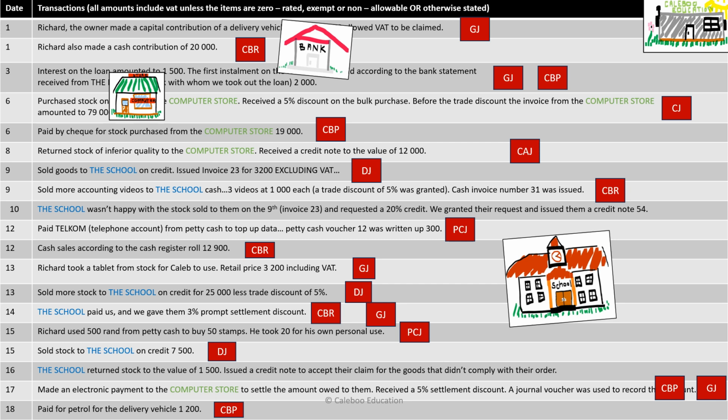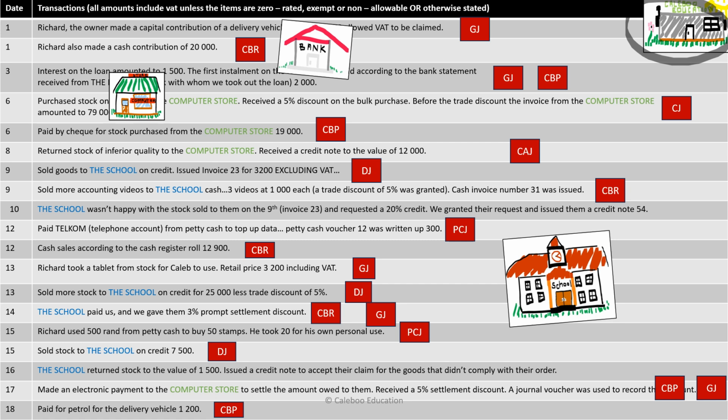In front of you, you have all the transactions that Calibu Education, we're doing the books for Calibu Education, all the transactions for February.